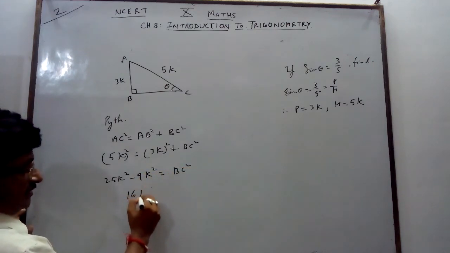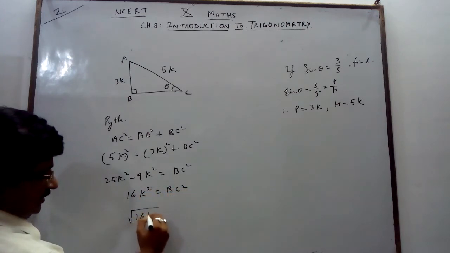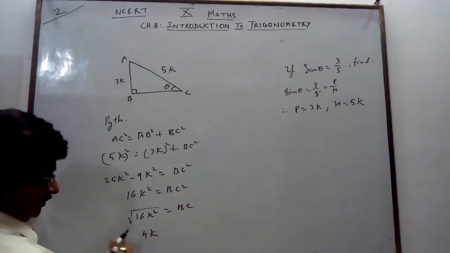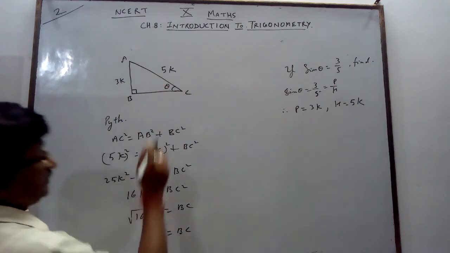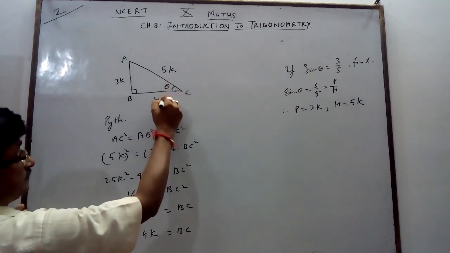So 16K square is equal to BC square. Under root, 16K square is equal to BC. So plus minus 4K, but you will not take the minus here, is equal to BC. It means your base is 4K.